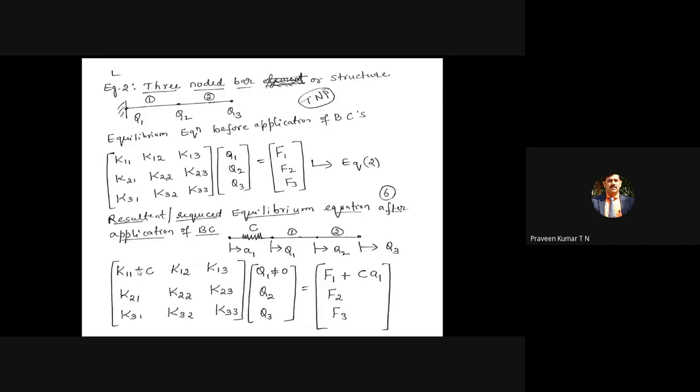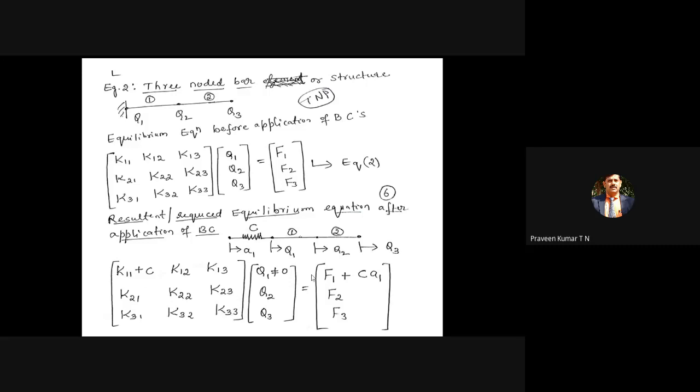The original value of the stiffness at the K11 location is K11. Now you are modifying the stiffness matrix, that is, the first diagonal element, because you are applying the boundary condition at node 1.